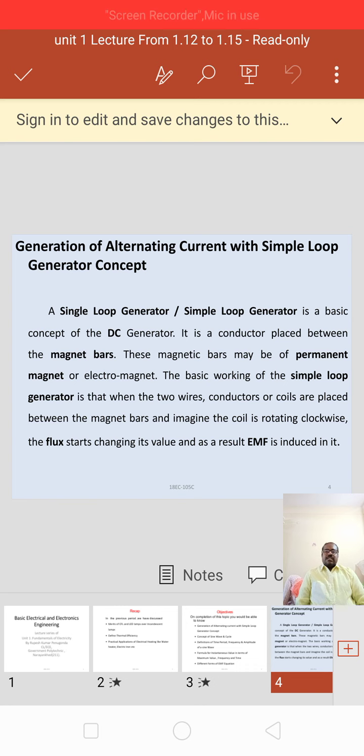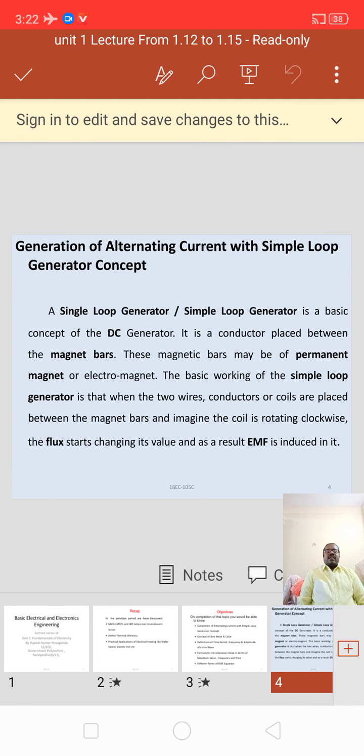First of all, we will learn about the generation of alternating current with the simple loop generator concept. A single loop generator or simple loop generator is a basic concept of the DC generator. It is a conductor placed between the magnetic bars. These magnetic bars may be of permanent magnet or electromagnet.